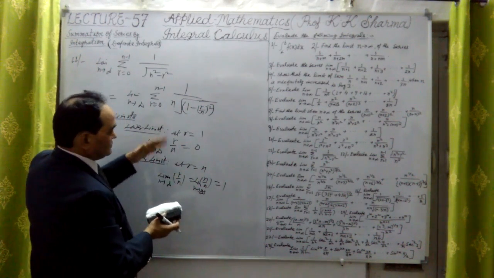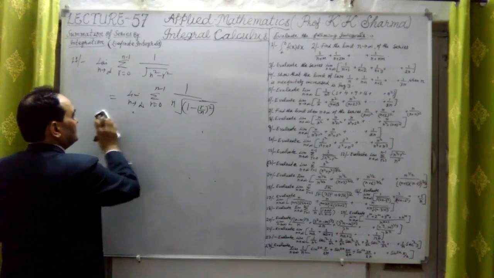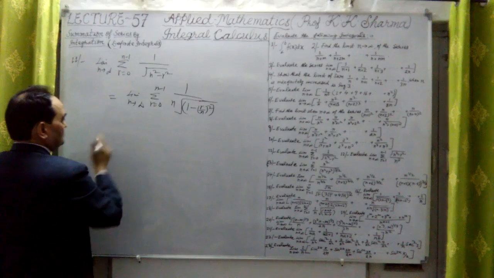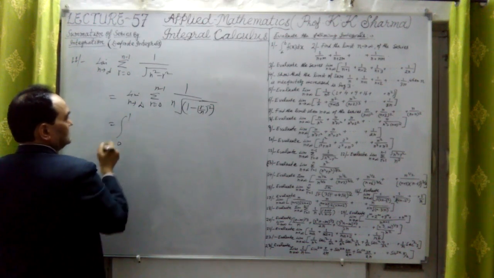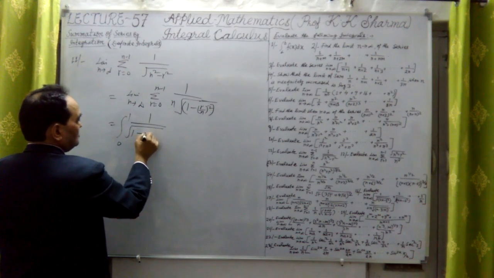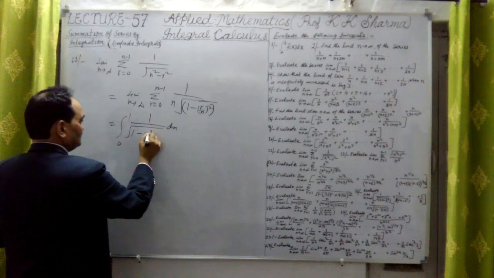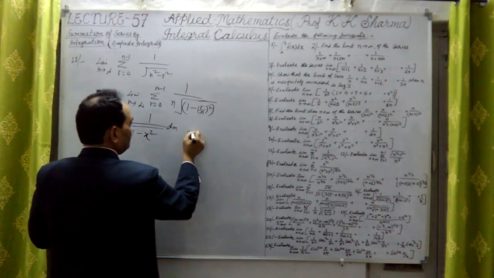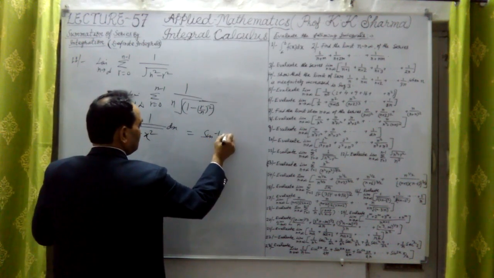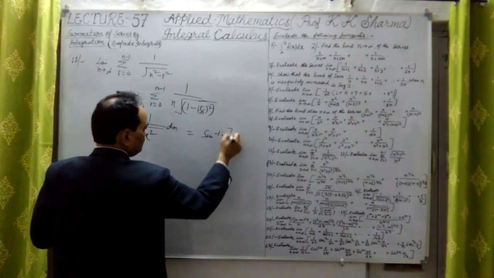Now let me convert this into a definite integral. Therefore the limits are 0 to 1. This whole will be converted into the integral from 0 to 1 of 1 upon under root 1 minus x square into dx. Now what is this? It is sine inverse x, because we know that 1 upon under root 1 minus x square integrates to sine inverse x.